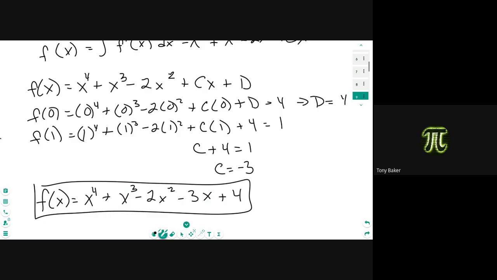The other thing is we're going to learn about 2 different types of integrals. This is known as an indefinite integral that we're doing right now. So an indefinite integral goes on forever. There's no endpoints to it. A definite integral will be written like this with numbers here. So it'll be like the integral from 2 to 5, for example. That's a definite integral.